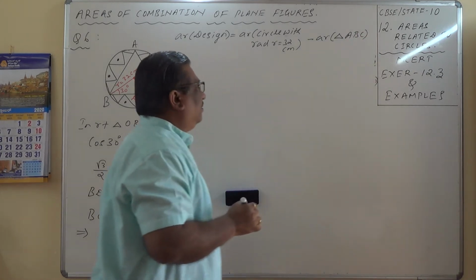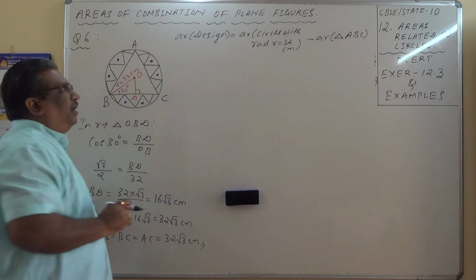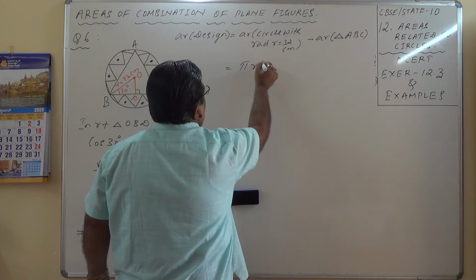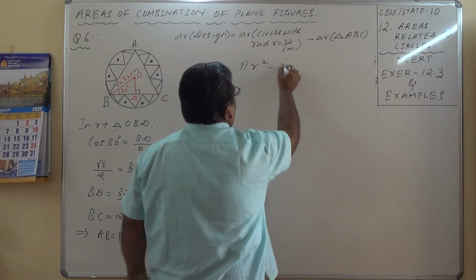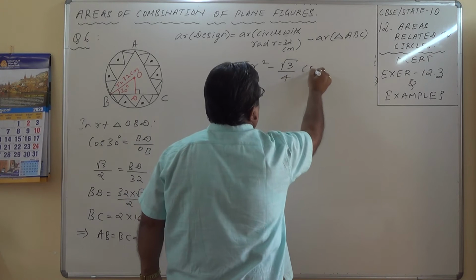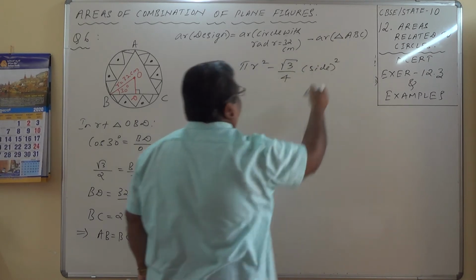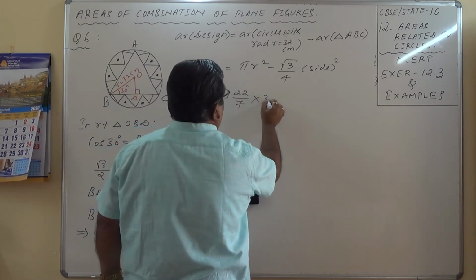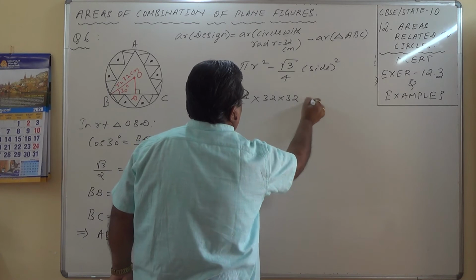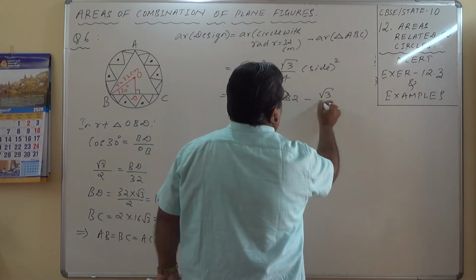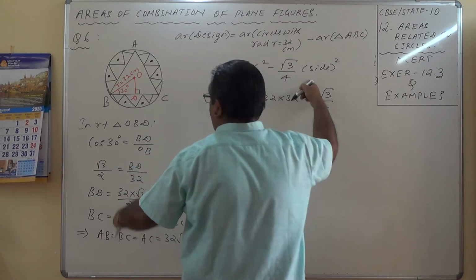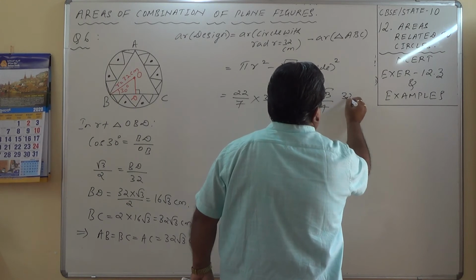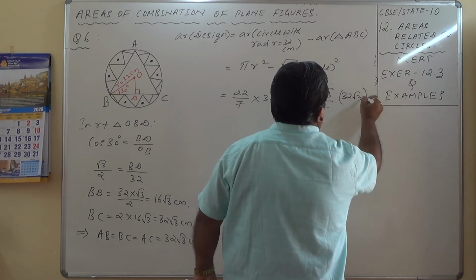Already we know the side, that is 32 root 3. So this is equal to the area of the circle, pi r square, minus the area of the triangle, root 3 by 4 times side square, which is 22 by 7 into 32 into 32 minus root 3 by 4 times 32 root 3, the whole square.